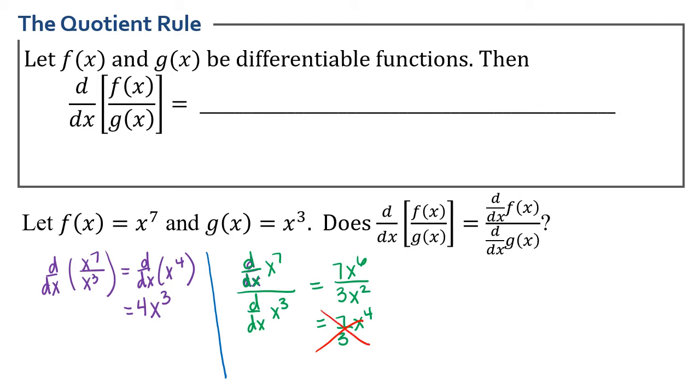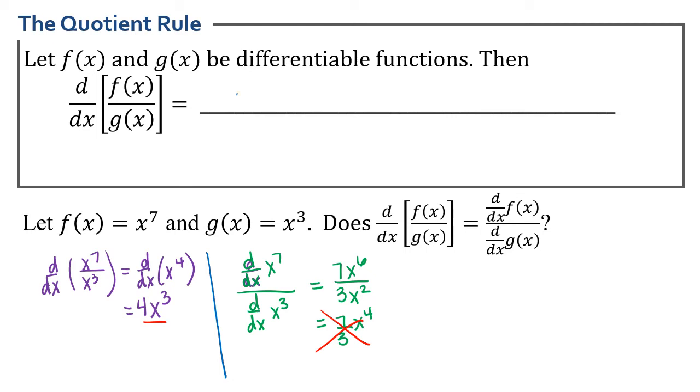These are not the same. So we cannot just take the derivative of the numerator divided by the derivative of the denominator. The formula for the quotient rule is as follows.